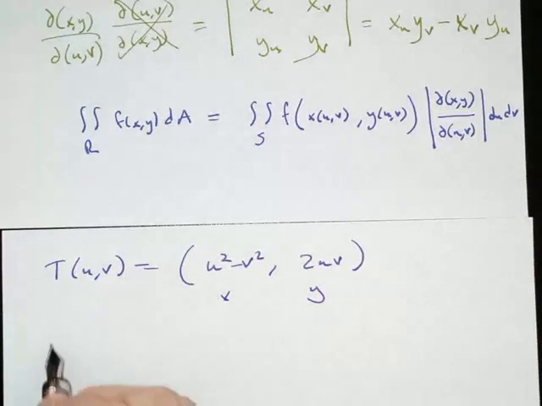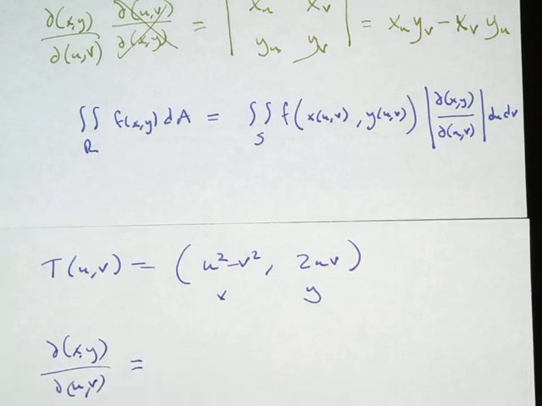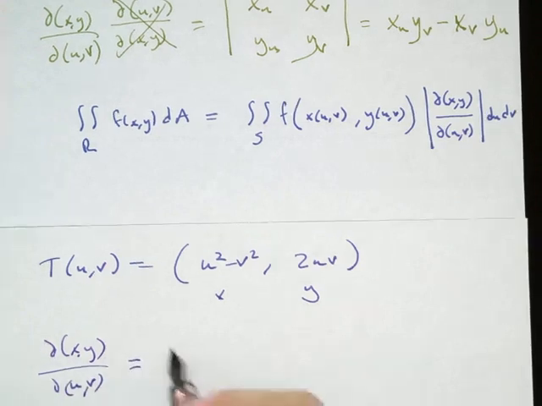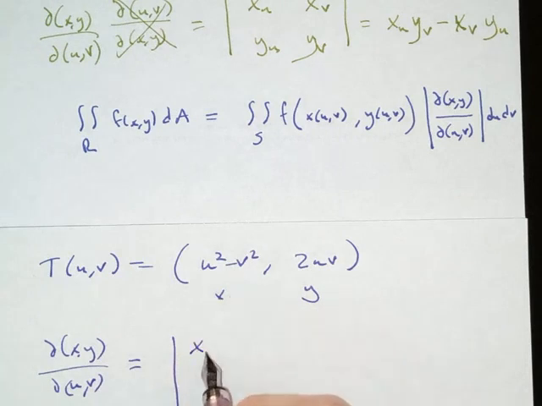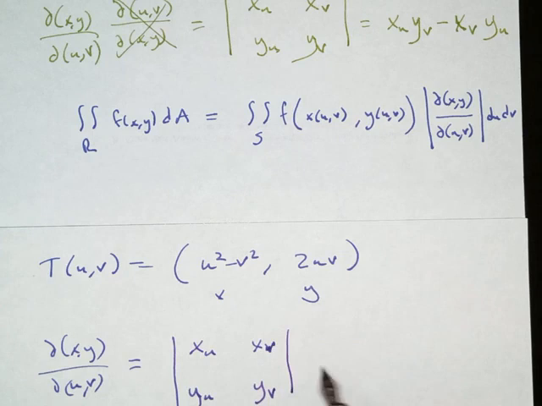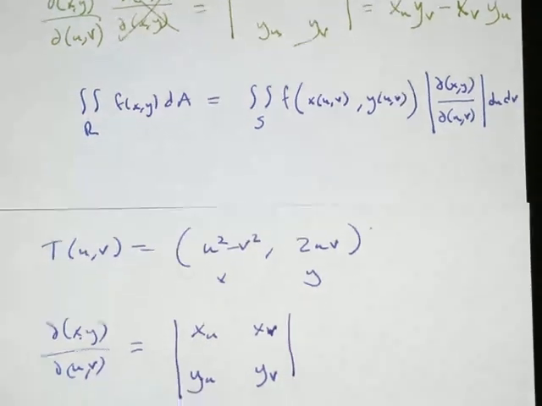So the Jacobian of this transformation is found by taking the derivative. Partial of x with respect to u, partial of x with respect to v, partial of y with respect to u, y with respect to v. For our transformation, what is that?